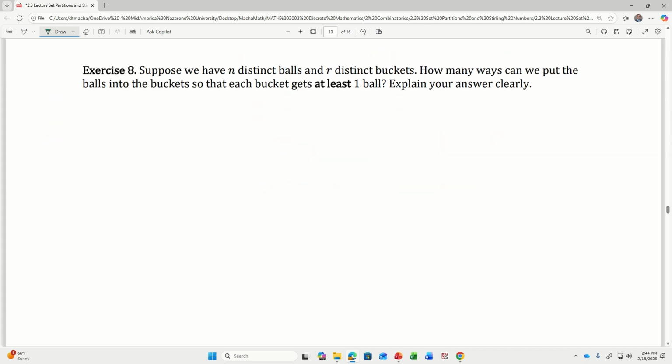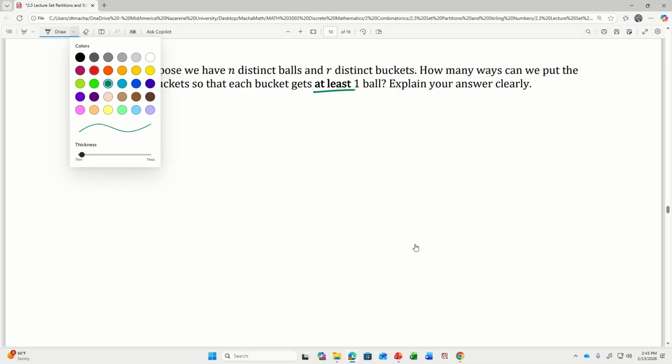Okay. Suppose we have n distinct balls and r distinct buckets. How many ways can we put the balls into the buckets so that each bucket gets at least one ball? Yeah, we have distinct balls and buckets.